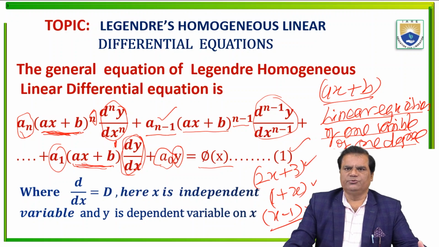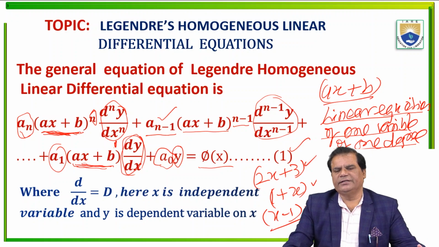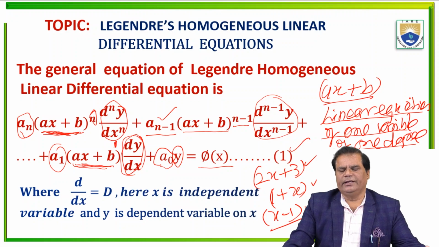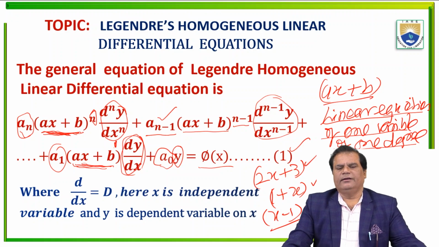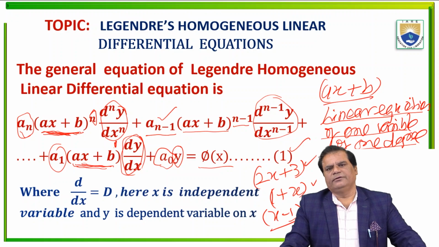This equation is given by the mathematician Legendre, and he gave in detail how we can solve it. So now we want to discuss in detail how we can solve this equation today.